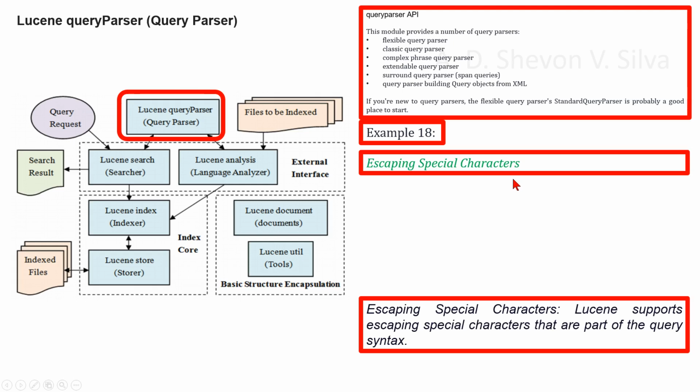The current list of special characters are plus, minus, ampersand, double ampersand, double pipe, exclamation mark, open parenthesis, close parenthesis, open curly brace, close curly brace, open square bracket, close square bracket, caret, double quotation, tilde, asterisk, question mark, colon, backward slash, and forward slash. To escape these characters, use the backward slash before the character.